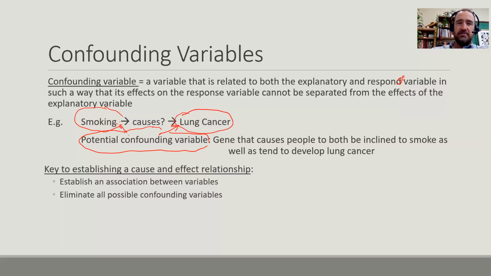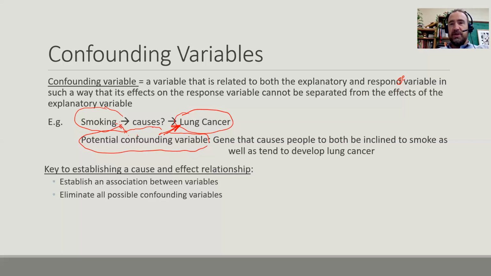It potentially makes people more interested or more susceptible to wanting to smoke. It's also related to the response variable. It seems to be the thing that's potentially causing people to be more susceptible to getting lung cancer. So that was the idea, this variable that's connected to both of those in such a way that we can't tell: is it the smoking or is it the genetic thing that's causing people to get lung cancer?